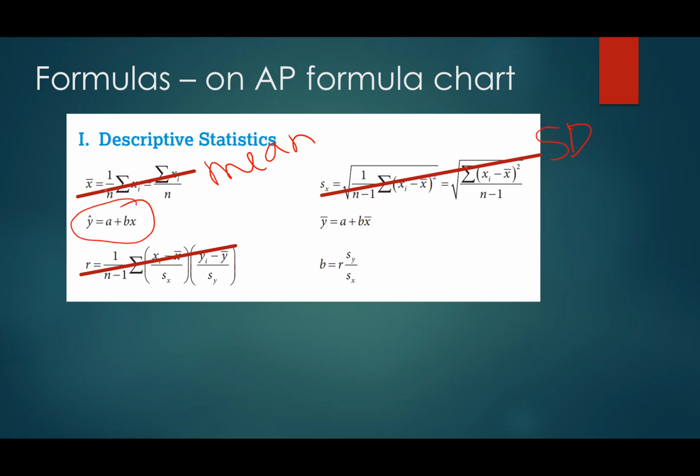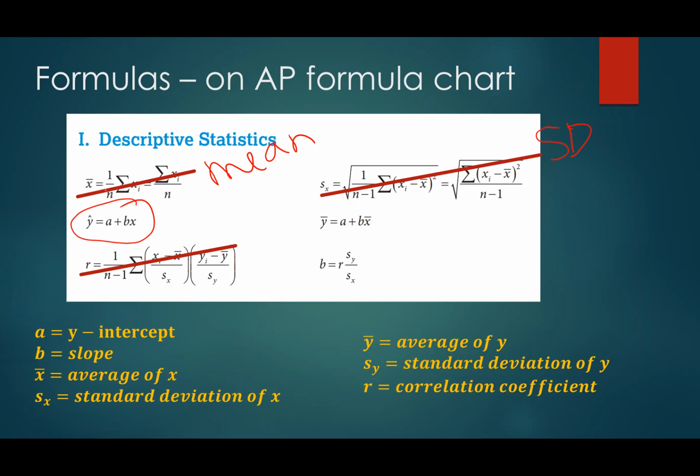So this one, it says y bar. Remember, y bar is the average of y, equals a plus b times x bar. We're actually going to use this in the format a equals y bar minus b times x bar so that we can get a. But before we get a, we need to get b.